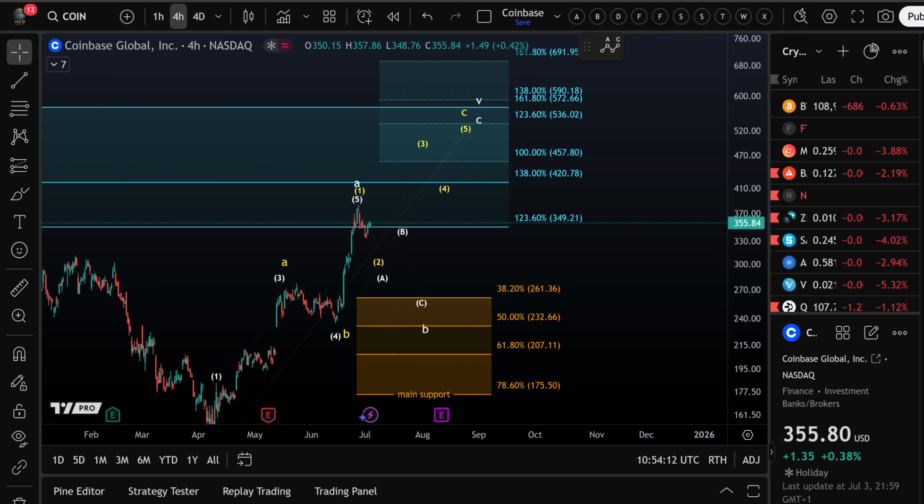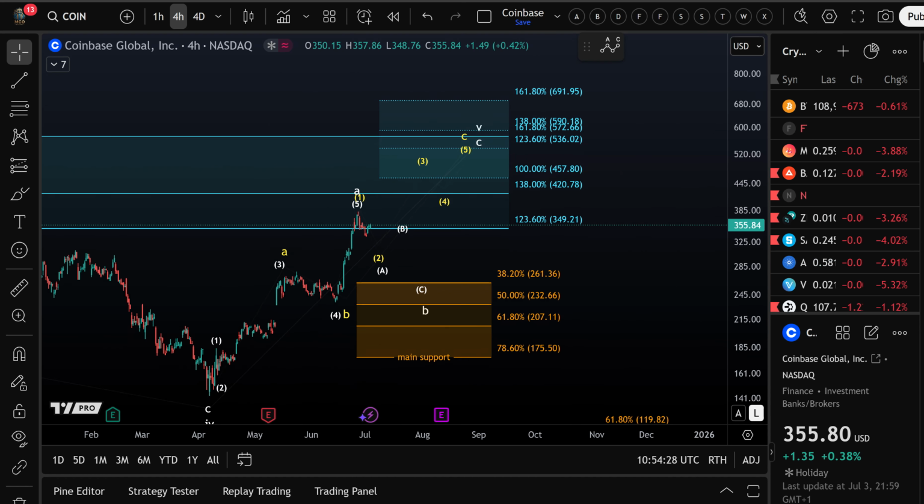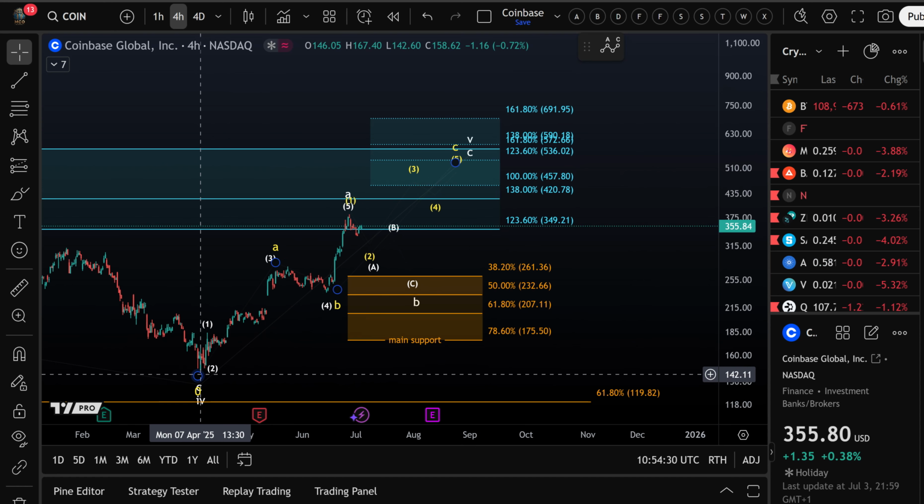Now, we have to say with Coinbase, the move to the upside is quite aggressive. It's been quite aggressive. And there are multiple ways this could be interpreted, especially the move up here from the 4th wave low in April.